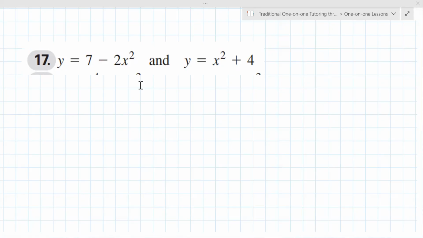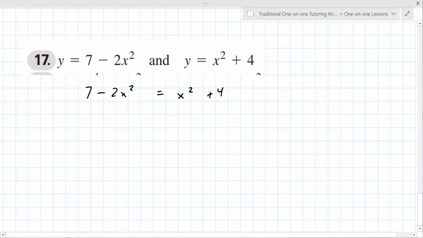I could actually have given you this problem in another class, just said solve, figure out where they equal, and you would just set them equal. And that is the first step here. So you would subtract 4 from both sides, and add 2x squared to both sides. So you get 3 equals 3x squared. You'd solve for x and get plus or minus 1.